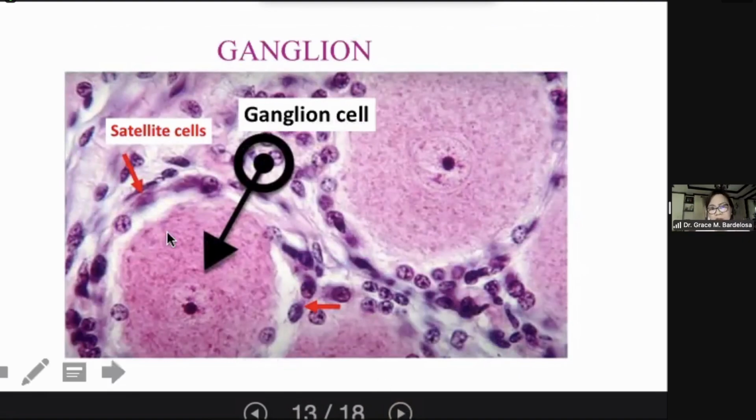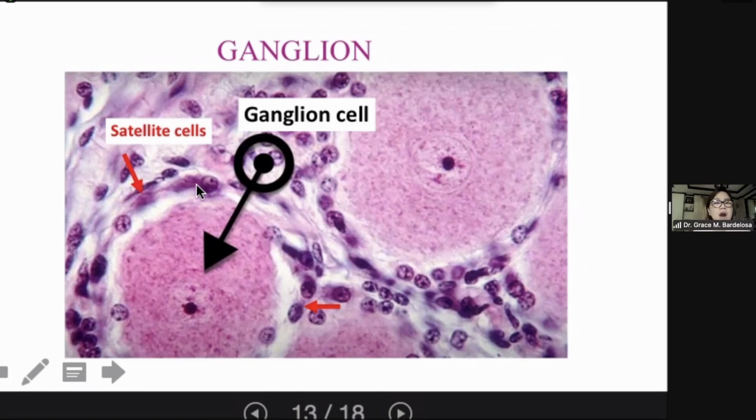Okay, these very large cells here belong to an organ called the dorsal root ganglion, and these are the ganglion cells. The ganglion cells also have that characteristic feature of a very prominent nucleolus inside a nucleus.